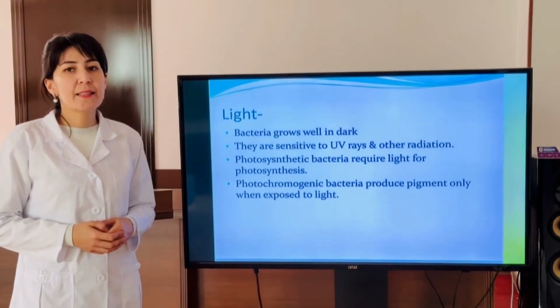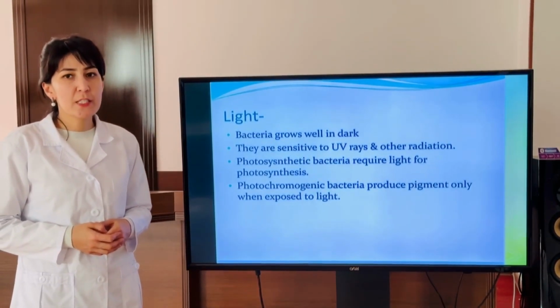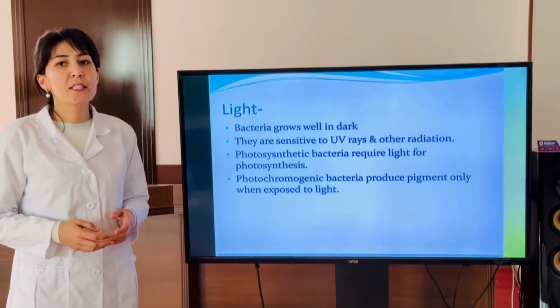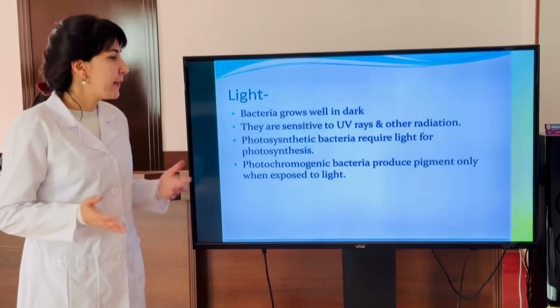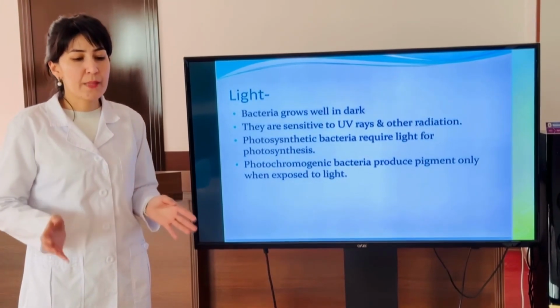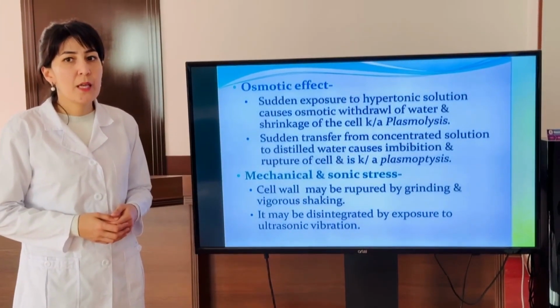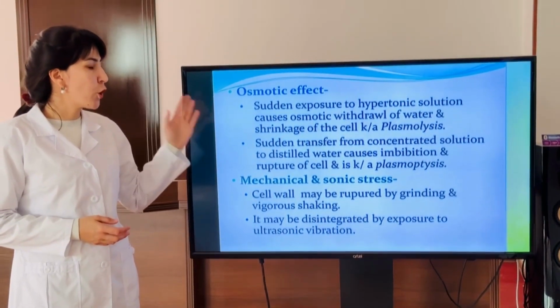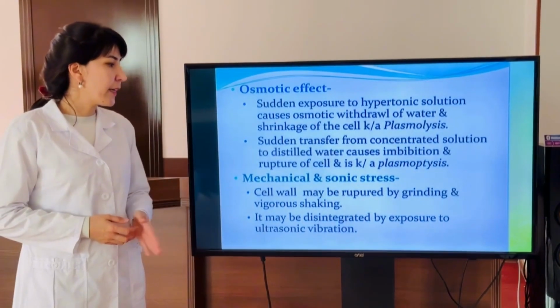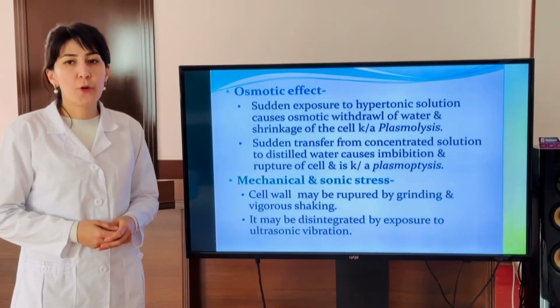Light is another important factor for bacteria. Bacteria grow well in the dark, and some bacteria grow in a lighted environment. Osmotic effects, and mechanical and sonic stresses are also important for bacteria.